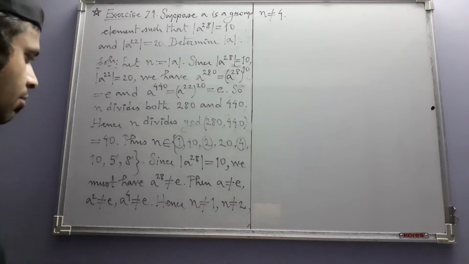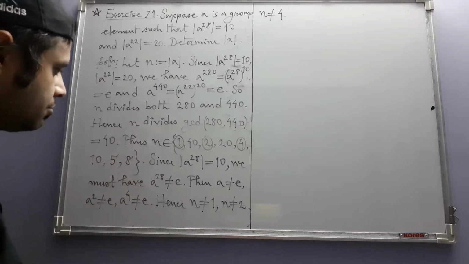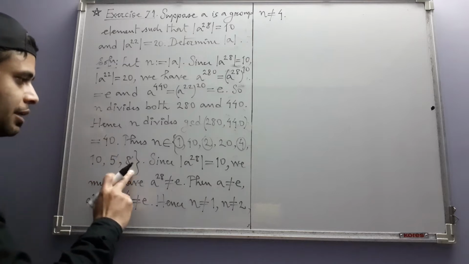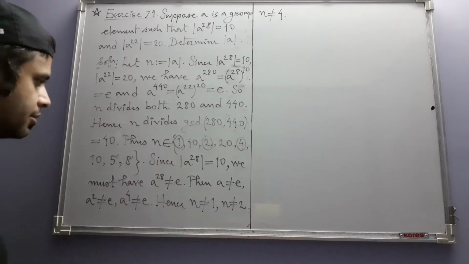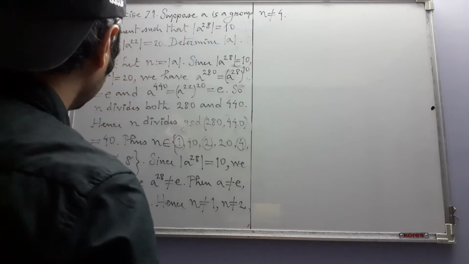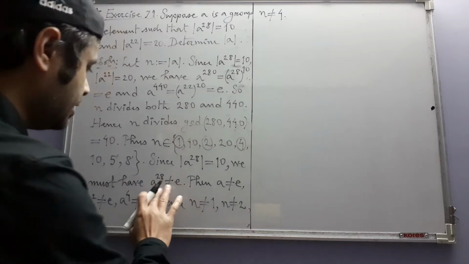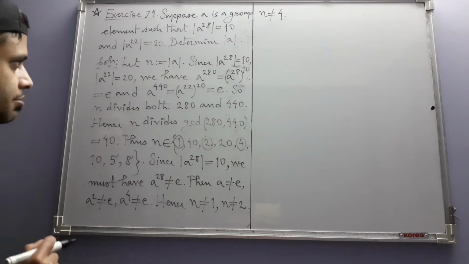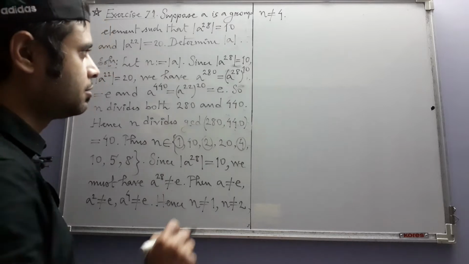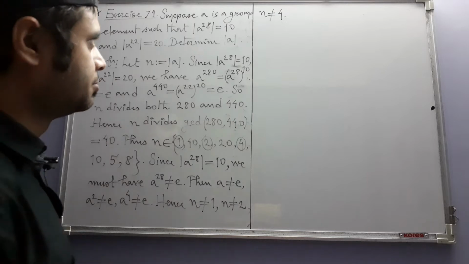Okay, what about 5? Can n be equal to 5? Actually, n cannot be equal to 20 or 10 or 5 or 8. 40 is the only possibility. Okay, so now instead of looking at equations or inequalities like this, we try something else. Recall that we already know how to calculate the order of the power of an element when we know the order of the element.